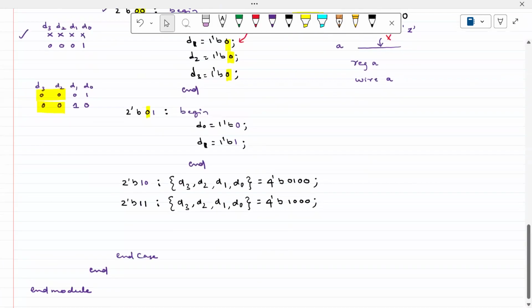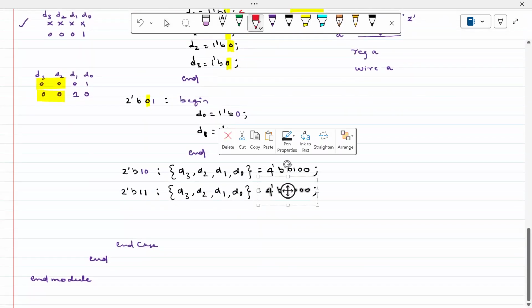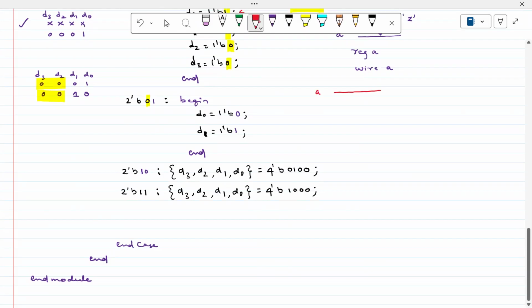See, as you know, Verilog is a 4 valued system, right? If you take A, so far we have seen that it can take only the 0 value and the 1 value. But it can also take unknown, and it can also take Z. Similarly, B is another line, and B can also take 0, 1, unknown, Z. If you consider only 2 possibilities for A, then we can simply say it is 2 power 2, that is 4 combinations.